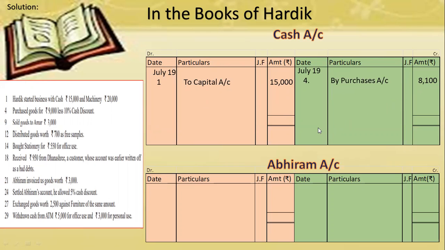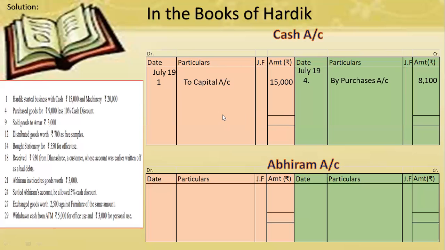Sold goods to Amar rupees 3,000. As the goods are sold on credit and we are preparing cash account, credit sales and purchases are not posted in cash account. Next transaction, distributed goods worth rupees 700 as free samples. This is neither cash nor credit. So this transaction is not recorded in the cash account.